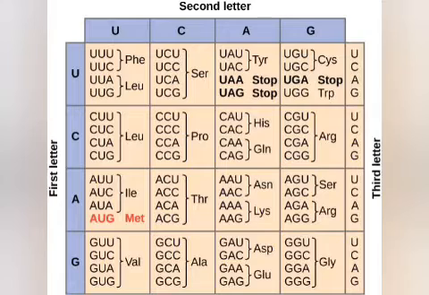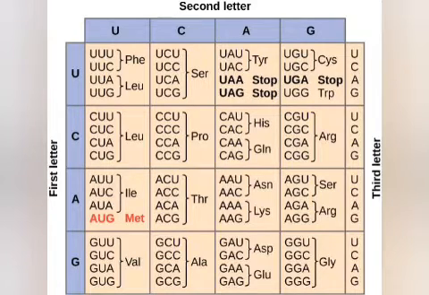First of all, there are a total of 20 amino acids. For the coding of these 20 amino acids, the combination of only one nitrogen base or 2 nitrogen bases cannot provide sufficient code words.